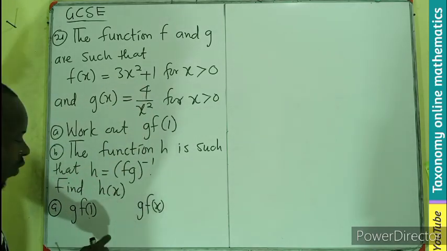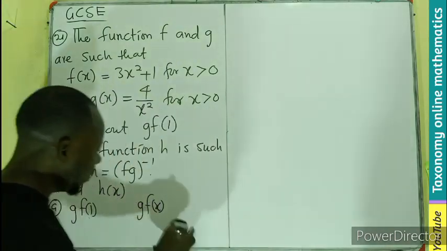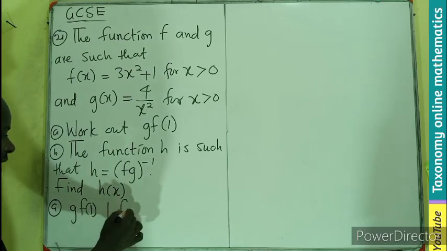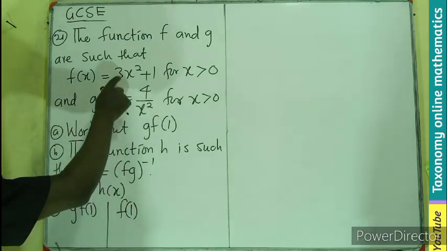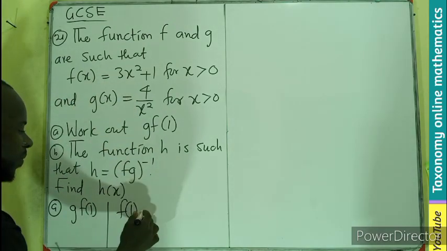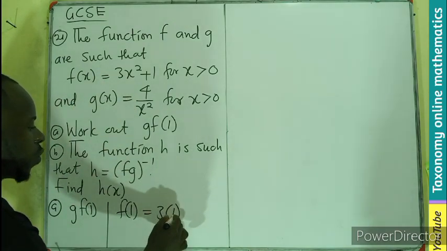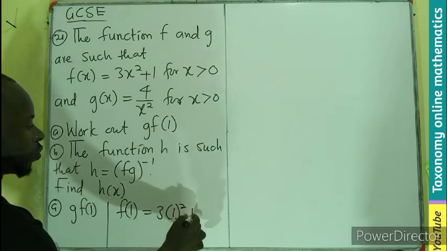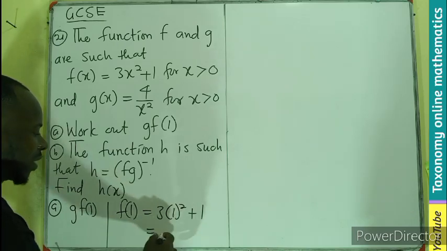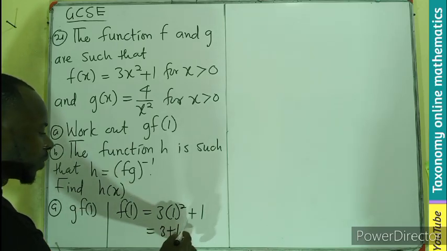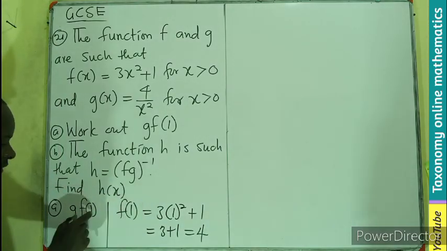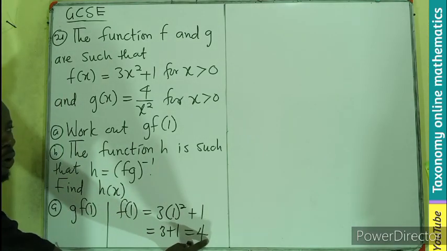Or I first find f of 1 from the function f of x. That will be 3 times 1 squared plus 1, which gives 3 plus 1, that will be equal to 4.